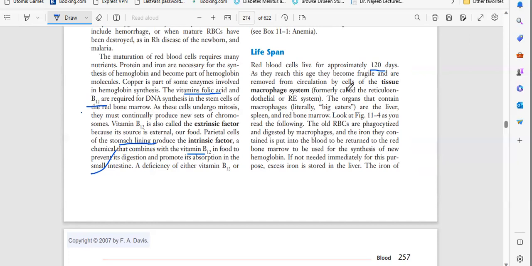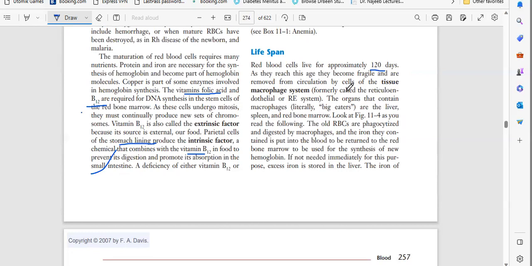After 120 days, they become old, fragile, and very dull. So oxygen can't bind with them, and oxygen cannot reach them and bind with them. So basically, they are useless.